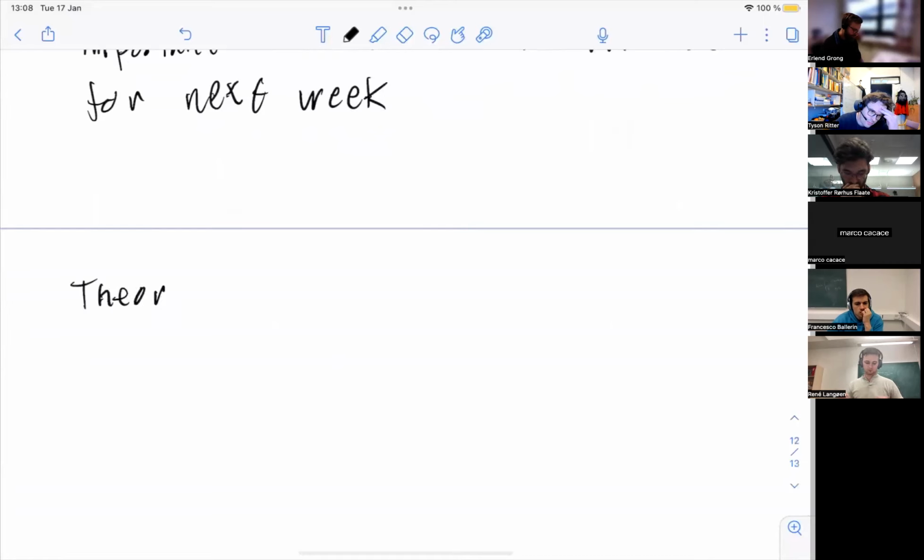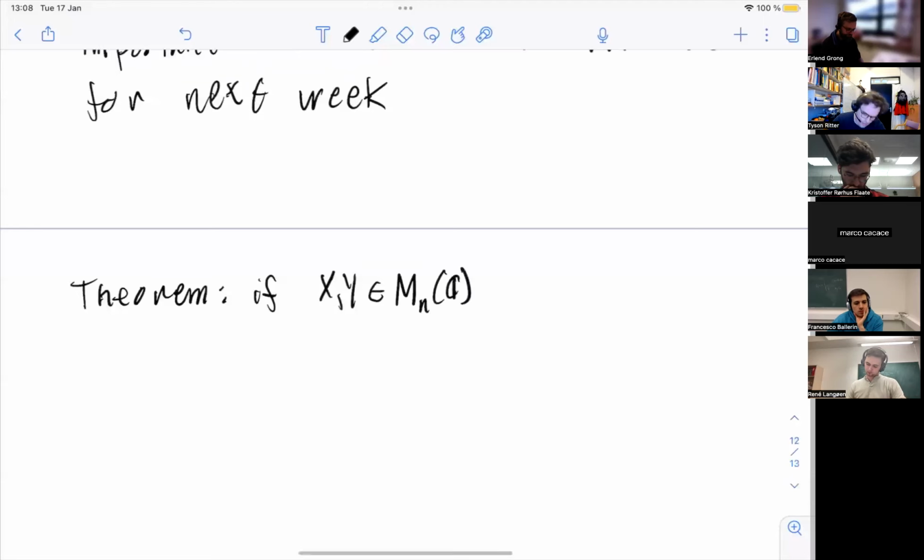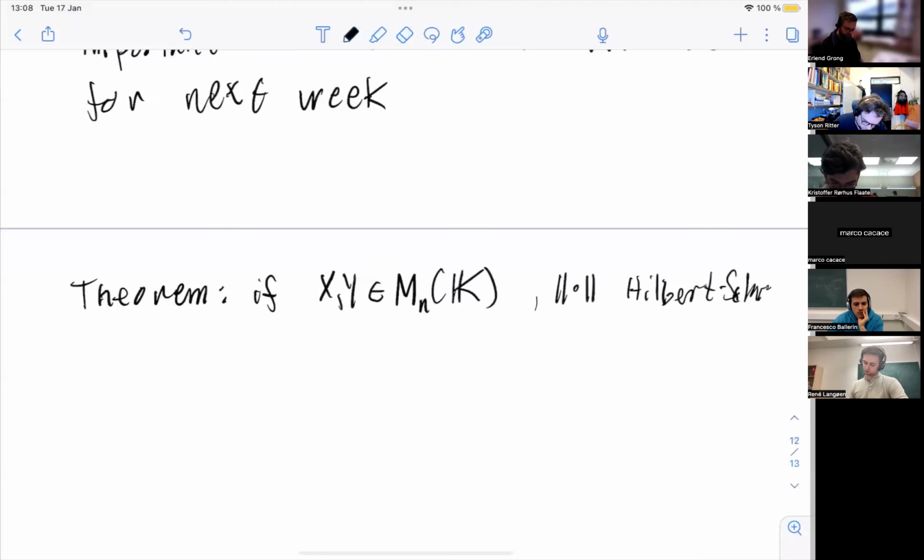So, theorem. If x, y are in M_n(K), where K is R or C, and this is the Hilbert-Schmidt norm. Did I say that it was called the Hilbert-Schmidt norm when I introduced it?